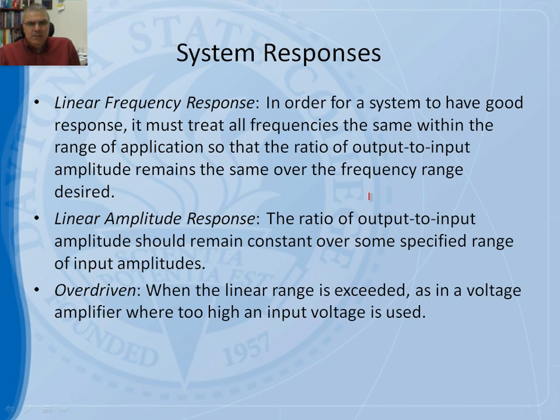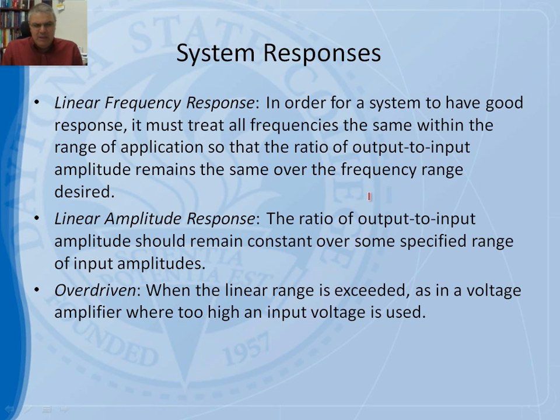Let me also talk a little bit about system responses. There are three main kinds of system responses, three categories. One is the linear frequency response, the other is the linear amplitude response, and the other is the overdriven response.